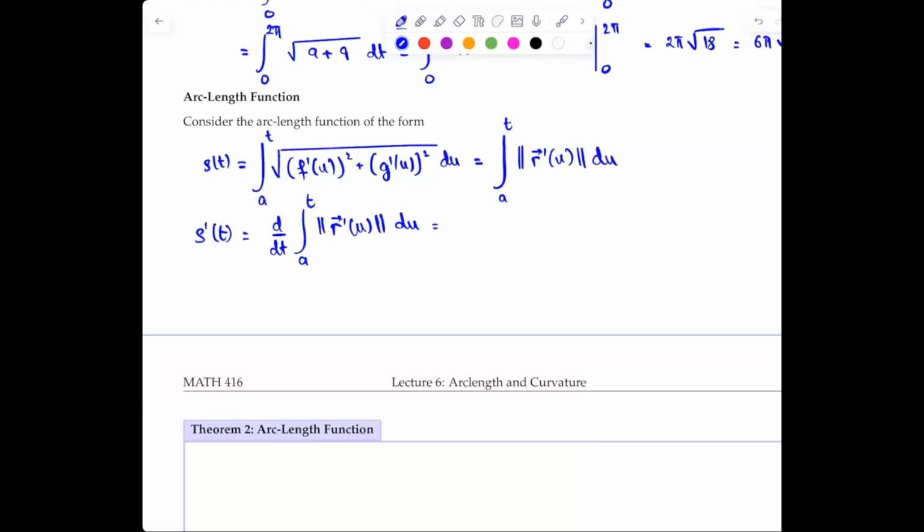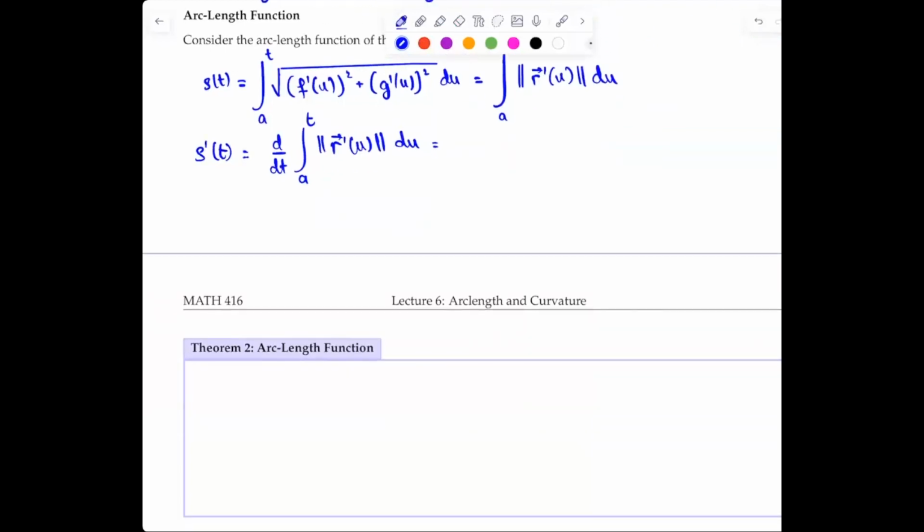When you take the derivative of the integral, they kind of cancel out, and you're left with just the integrand, but substitute the value. So this should be the length of the tangent vector, but in terms of t. And you got this using the fundamental theorem of calculus part one.